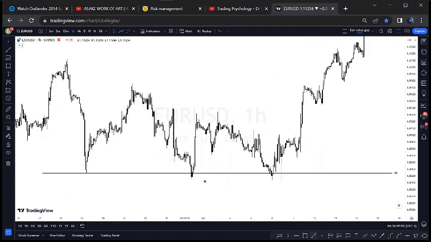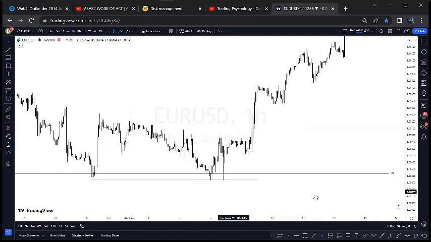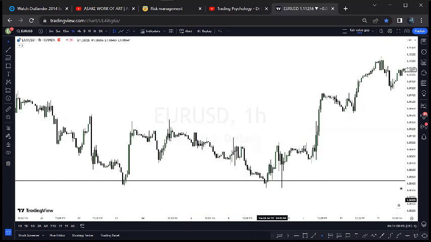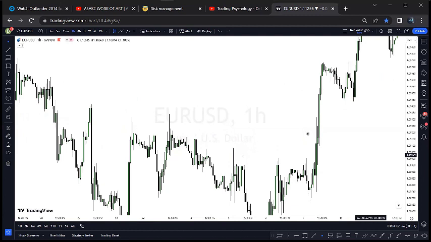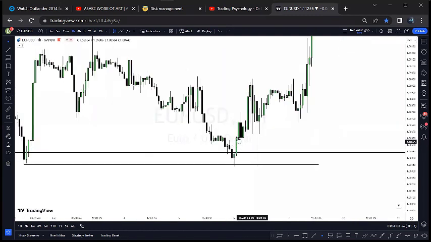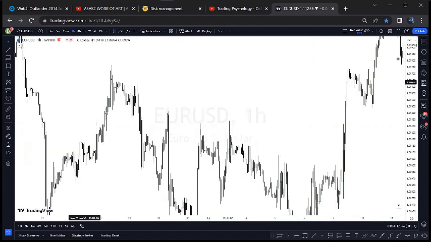They came back to it. Now, when they came back to it, what did they do? They quickly, remember, a displacement candle took out this high. They took out this high, gave you this fair value gap, gave you this other block, and off it went, taking out all of this.